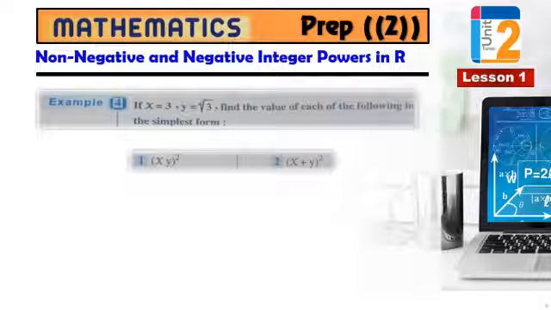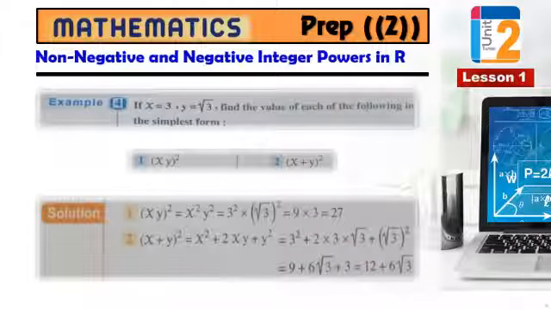And finally, example number 4. If x equals 3 and y equals the square root of 3, find the value of each of the following in the simplest form. Example number 1: x times y^2.